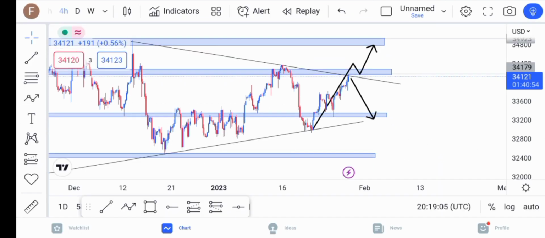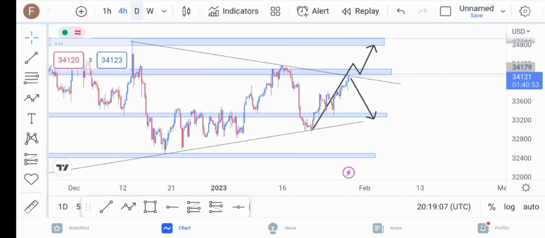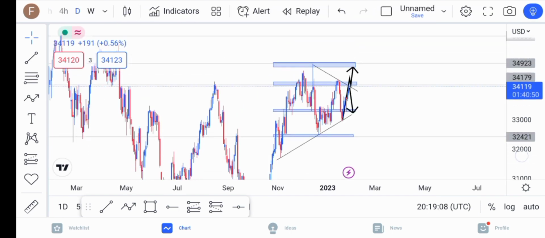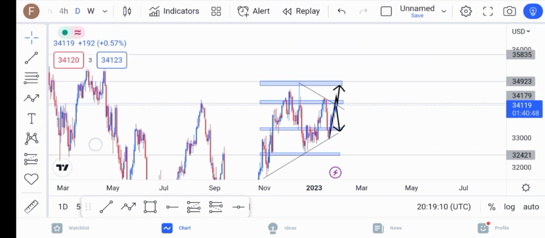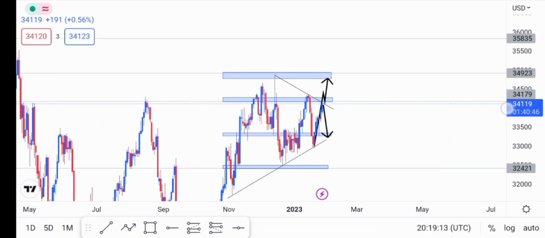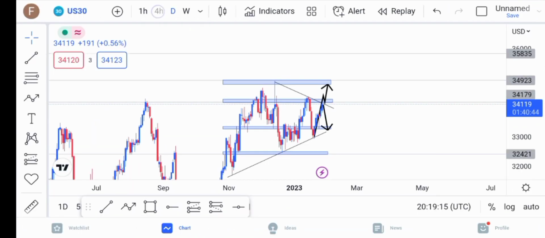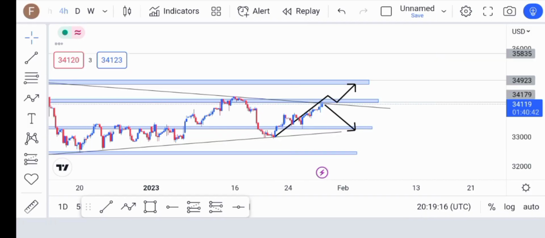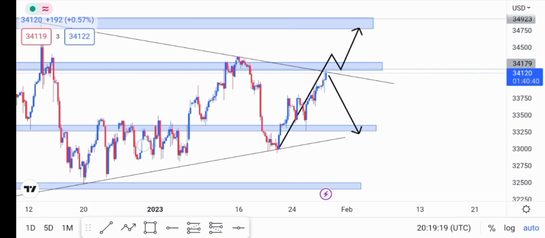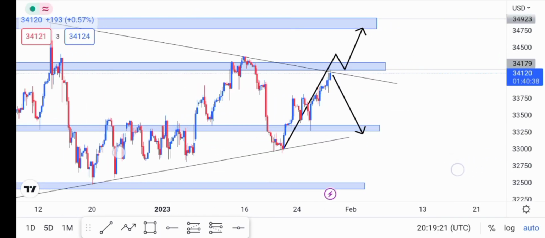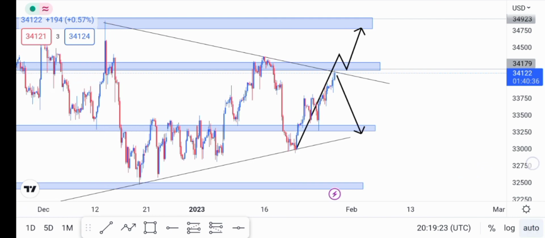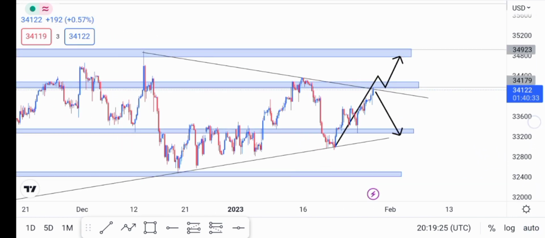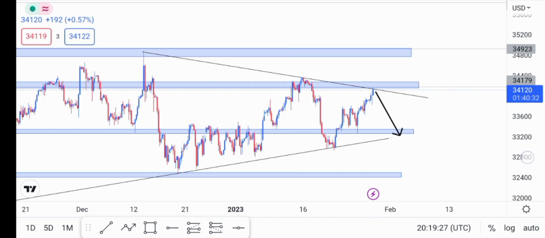So I'll just move back to the daily time frame to see if I'm not lying, guys. Yeah, actually it is our third touch on the upper side, so the possibility of US30 moving to the lower side is higher.